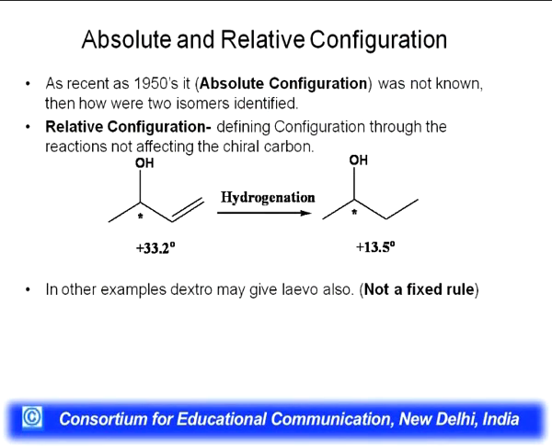If I say that till the 1950s or thereabouts no absolute configuration was available and the isomers were not identified, then how were the chemists at that point of time performing the experiments? How were they relating the specific rotation, say a dextro of a particular isomer, to the structure of the molecule?